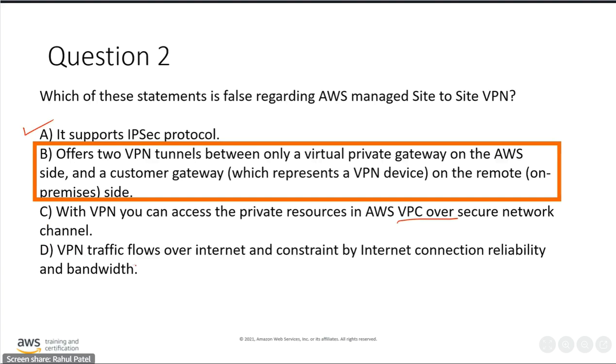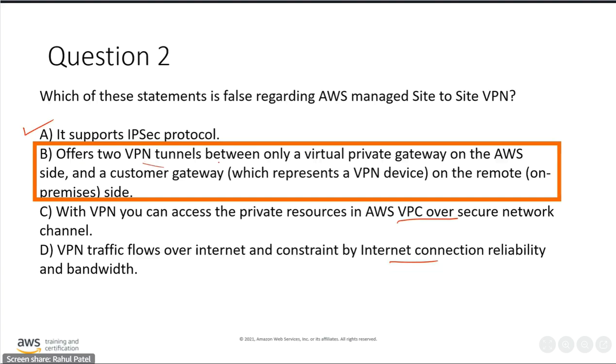Then, VPN traffic flows over the internet and is constrained by the internet connection's reliability and bandwidth. So when the VPN traffic is flowing over the internet, there is always a limitation of the internet connection, its reliability and bandwidth. This is also true.